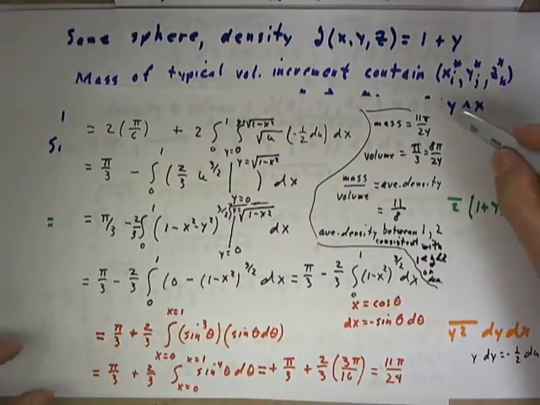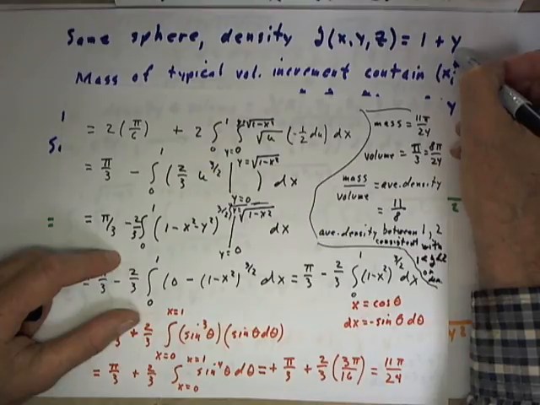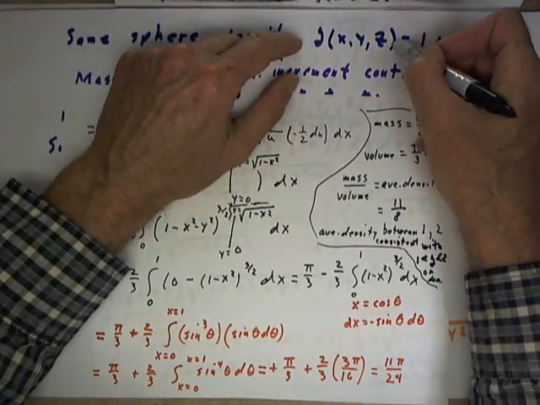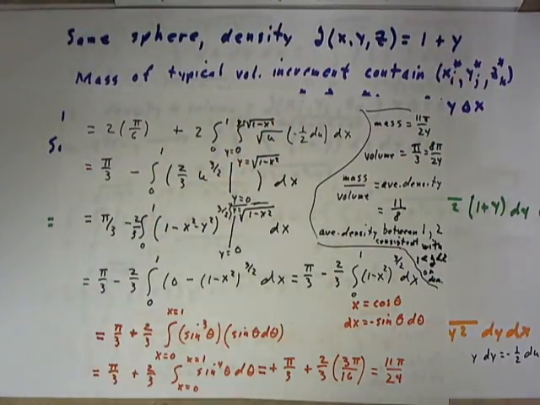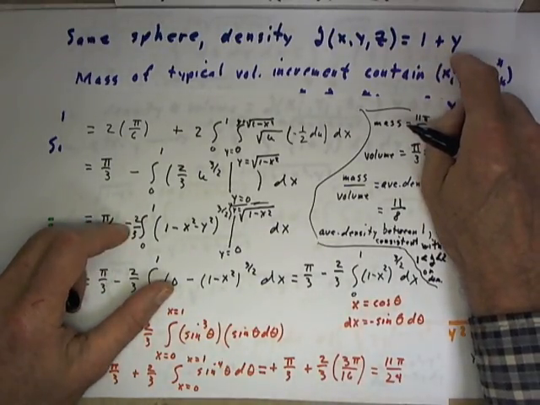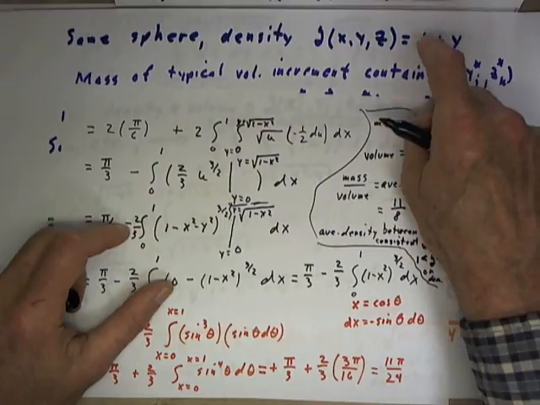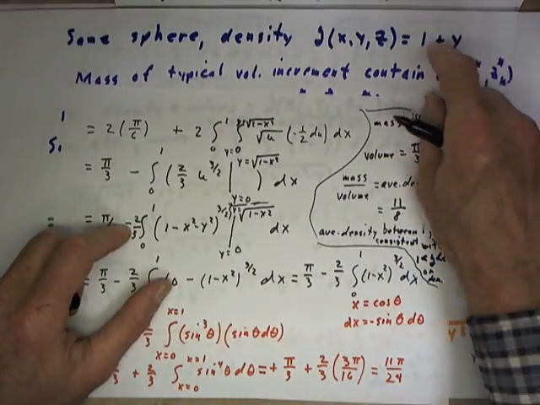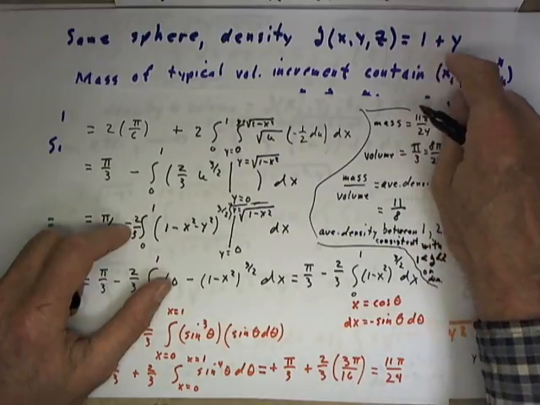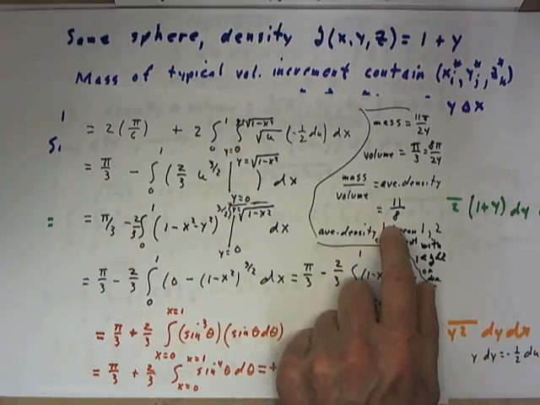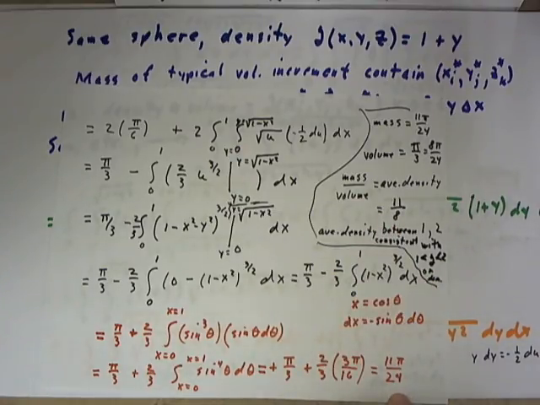The point simply being that if y lies between 0 and 1, 1 plus y lies between 1 and 2, so our density therefore lies between 1 and 2, consistent with our average density as calculated by the integrals.